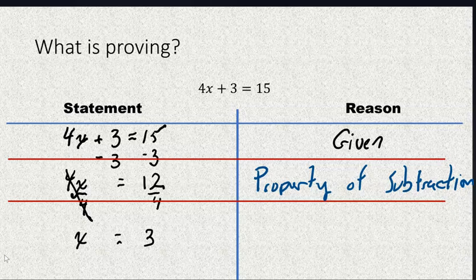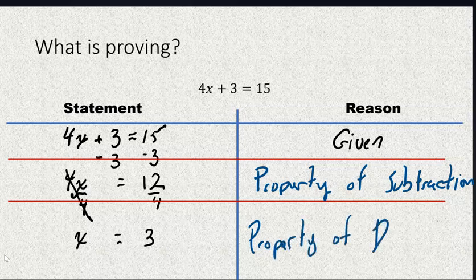Then I went from 4x equals 12 to x equals 3 by dividing the 4, which undoes the multiplication. So I'm going to call that a property of division. The purpose of this exercise is just to show you that you can back up every statement that you make or every action that you make with a fact or a reason.